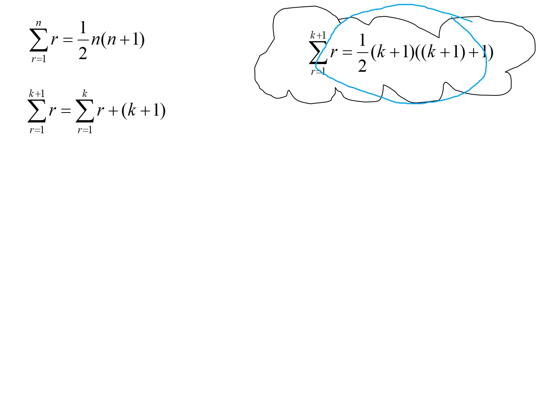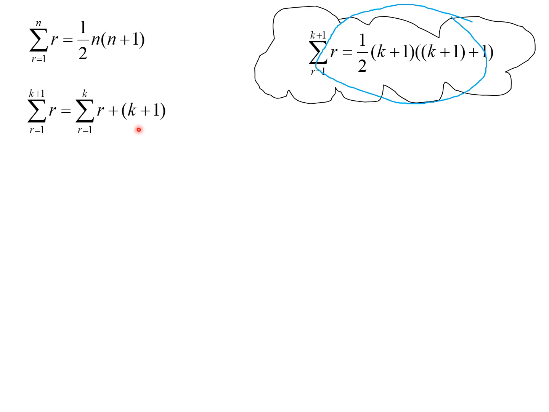So we break it down: the sum of r from 1 to k plus 1 will simply be the sum from 1 to k plus the individual term, which will be k plus 1. That means you're substituting r as k plus 1 here.